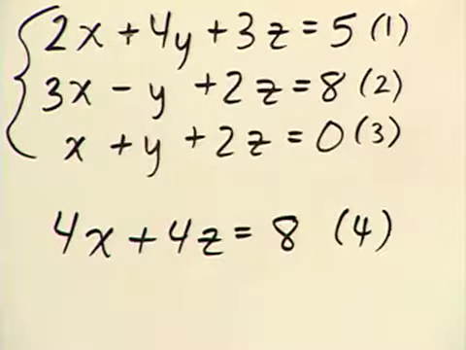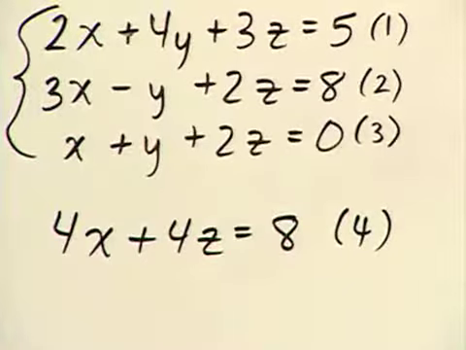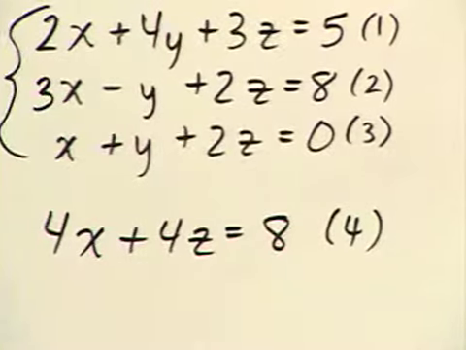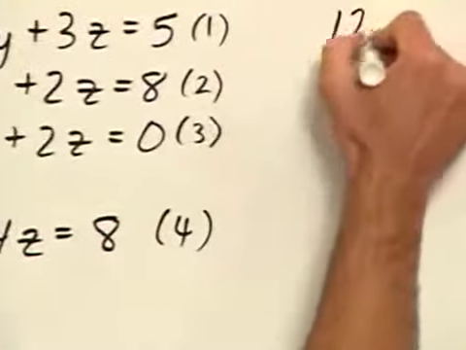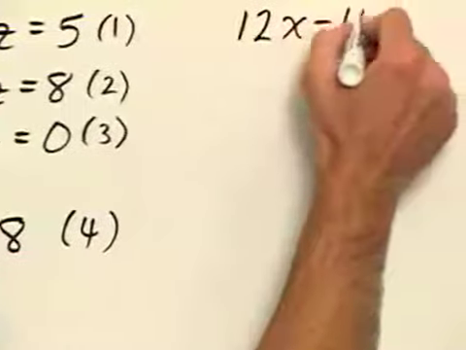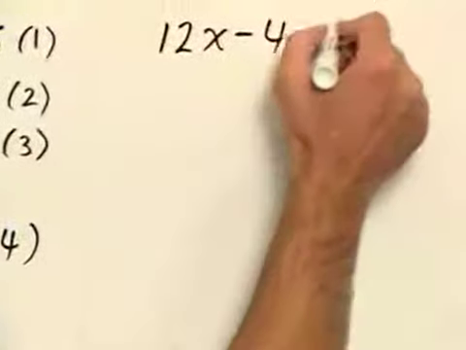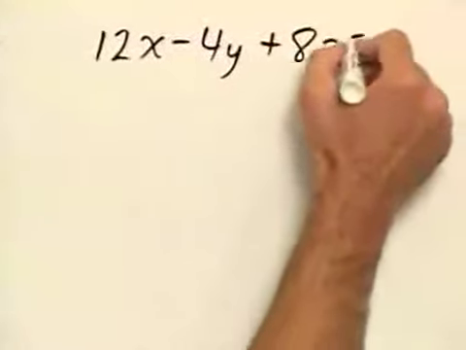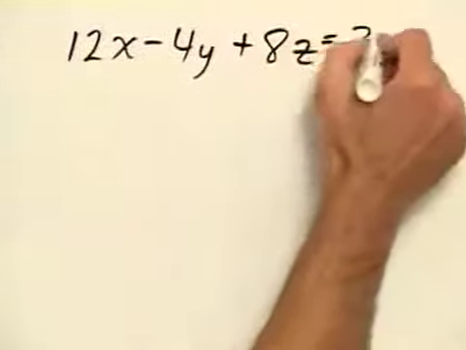Now, since we eliminated the y using 2 and 3, we need to eliminate the y also using 1 and one other equation. So let's use equation 2 and multiply it by 4 and add it to equation 1. So when I multiply it by 4, I'm going to go 12x minus 4y plus 8z is equal to 32.